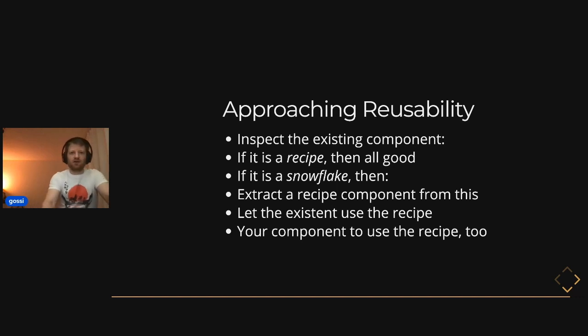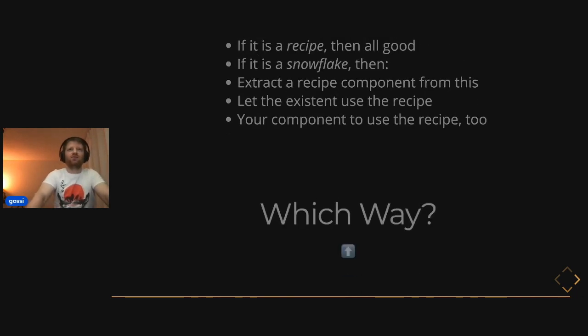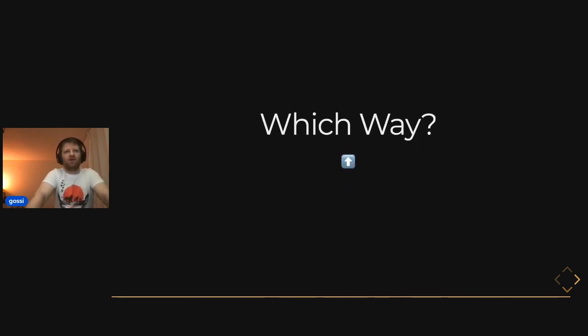So, all right, which way do you want to go when you are about to implement some components? Maybe there's always this naive, forward, lazy approach, just the way forward, having blinds on to not see what's left and right.